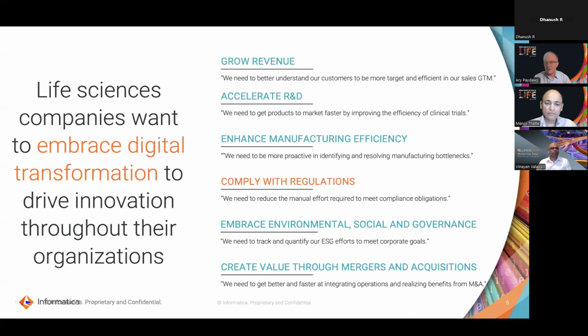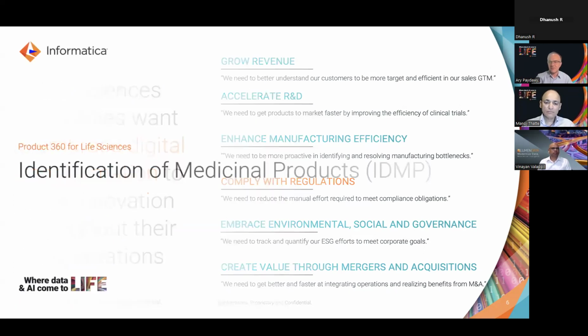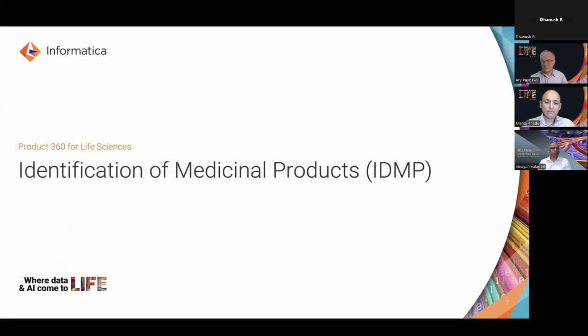In recent years, that includes being able to meet the ESG standards for the corporate goals, and also continuously managing the mergers and acquisitions that typically happen. And of course, today's session is going to be really focused on how compliance is becoming an essential aspect of the digital transformation for these types of companies, which is really the IDMP.